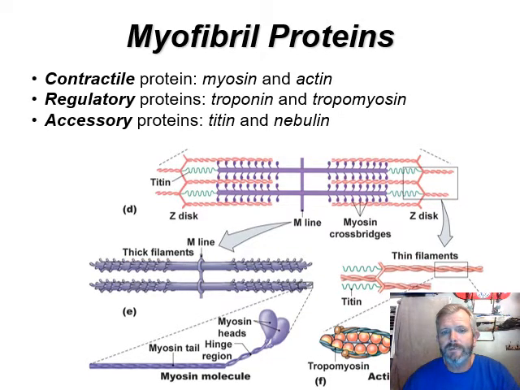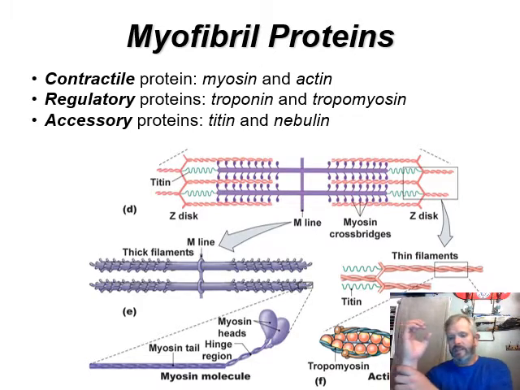Right, so there are multiple proteins in the myofibril. The ones involved in contraction are the myosin and the actin. Those make up the thick and the thin filament. What's going to happen is these myosin heads have a tail along with this hinge region and then the heads, and that allows the myosin heads to pivot.